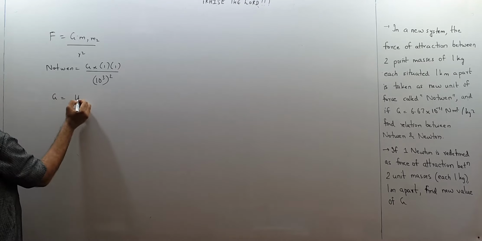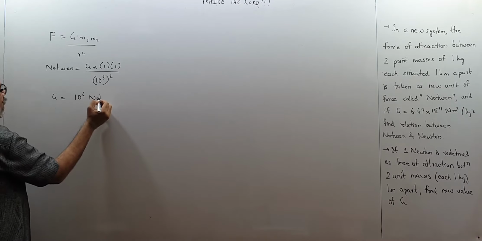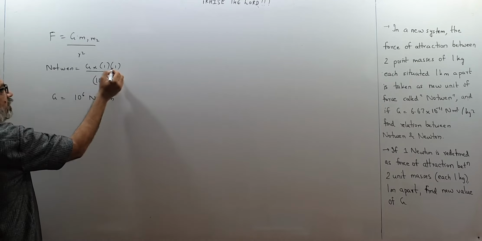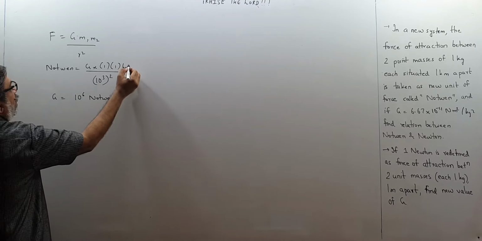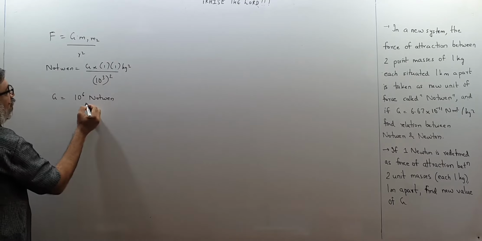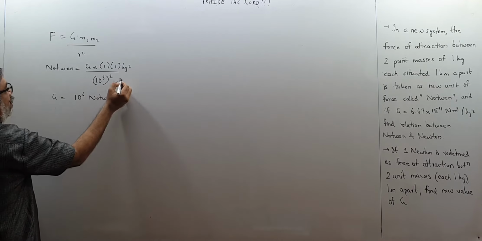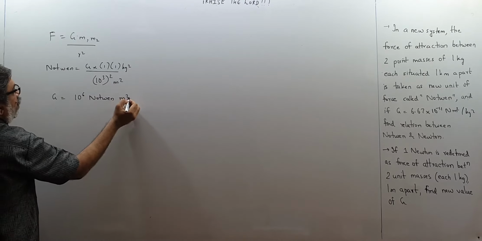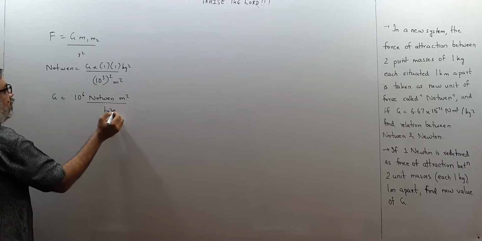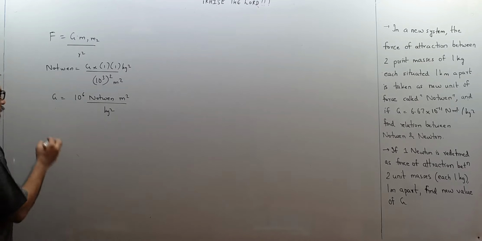So G becomes 10 raised to 6 Newton, and this is kg square because of 1 kg 1 kg, and this is meter square. So this becomes Newton meter square upon kg square. This is G for me. But I know what is the value of G?